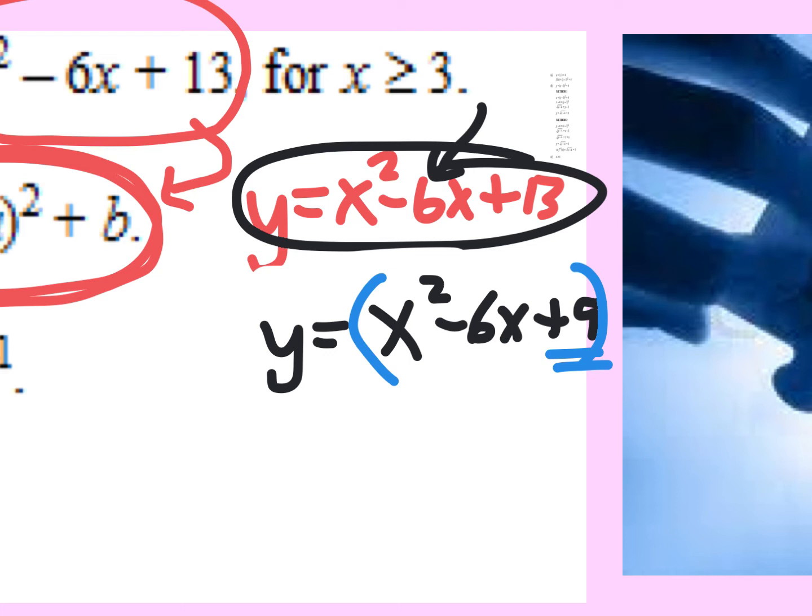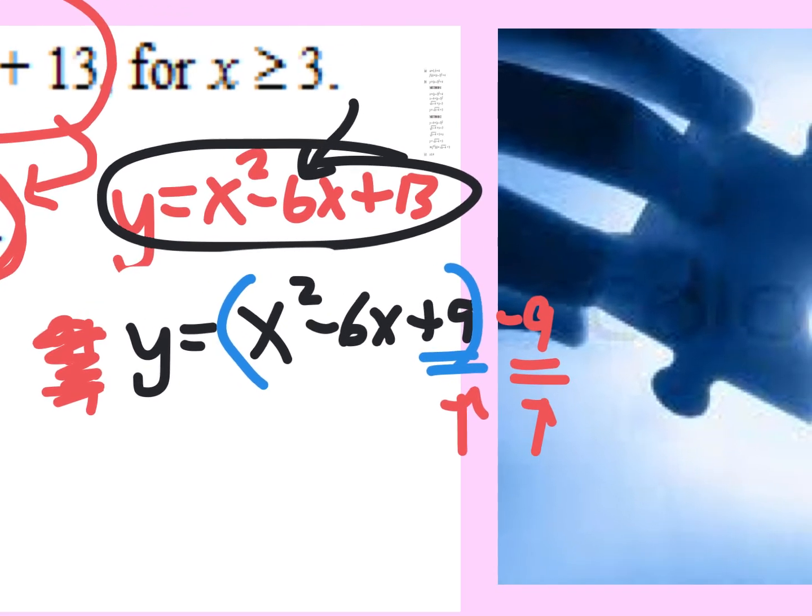So why did I pick 9? Because it would work really nice. But that means I have to also subtract 9 to even it out. You're used to adding 9 on both sides. Would you agree if I add 9 on the one side, I got to add 9 to the other side? But do you get that if I add 9 over here, it's just like subtracting 9 over there? See the plus 9 and the minus 9? Won't they cancel each other out? Yes, they will. And then the 13 is still there at the end.